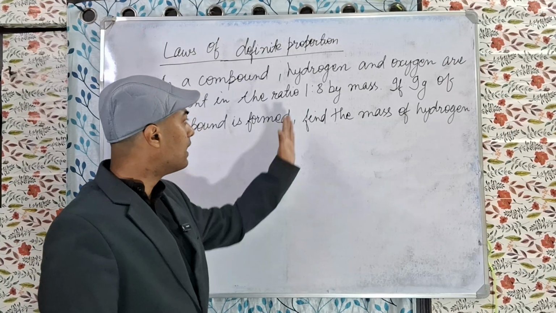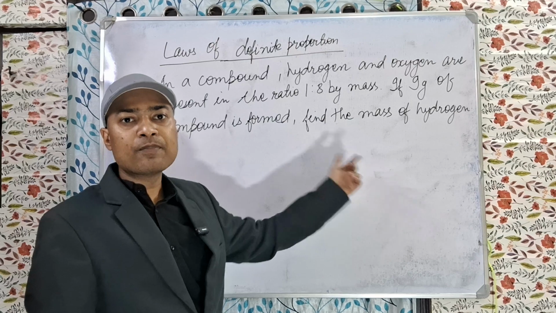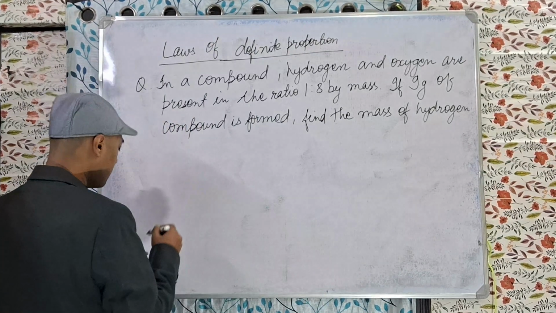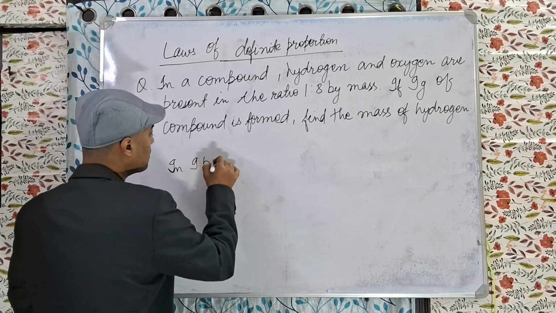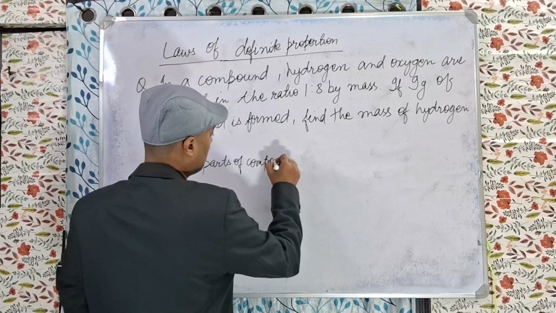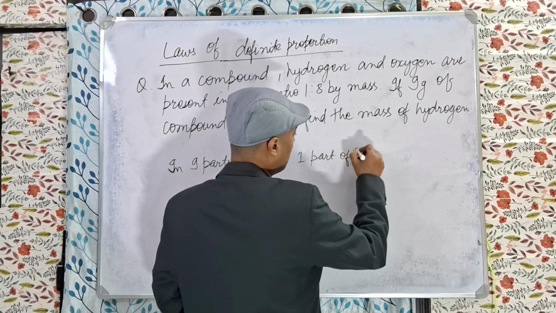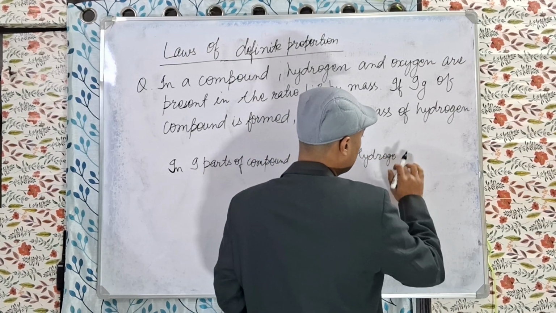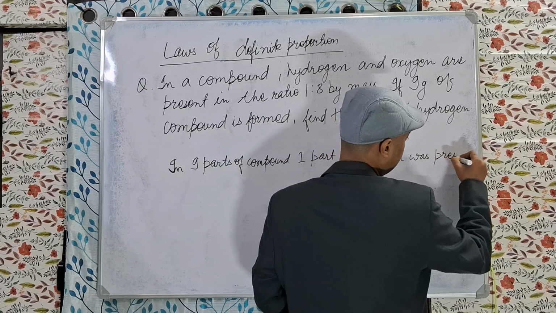Since in 9 parts 1 part of hydrogen is present, in 9 gram, 1 gram of hydrogen will be present. So you can simply write down: in 9 parts of compound, 1 part of hydrogen was present.